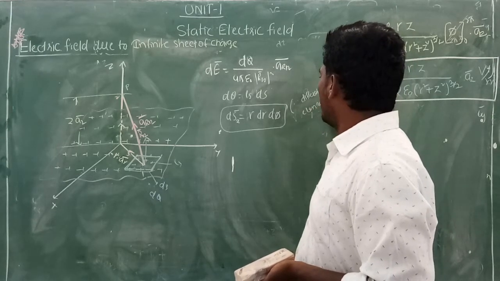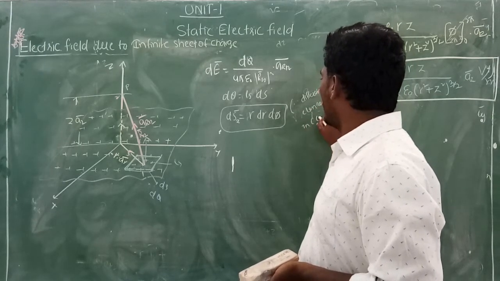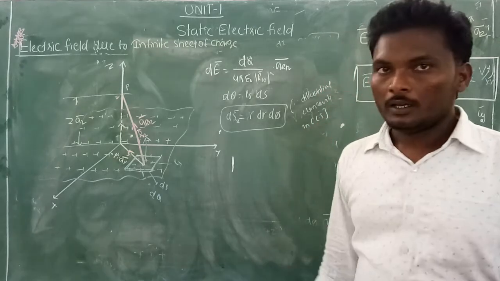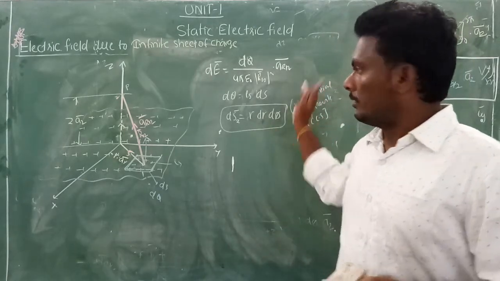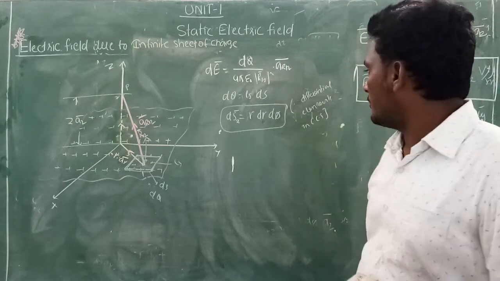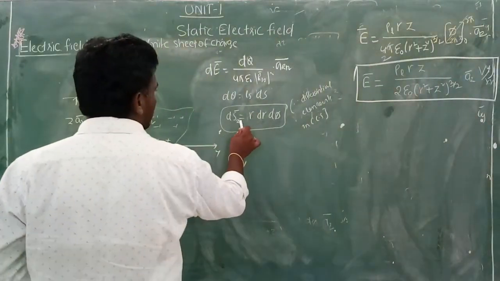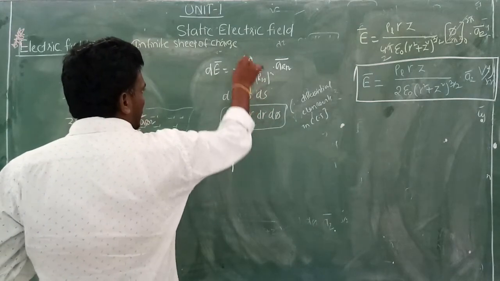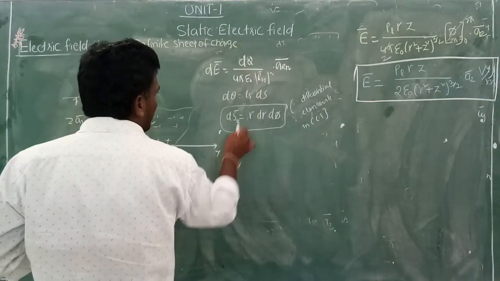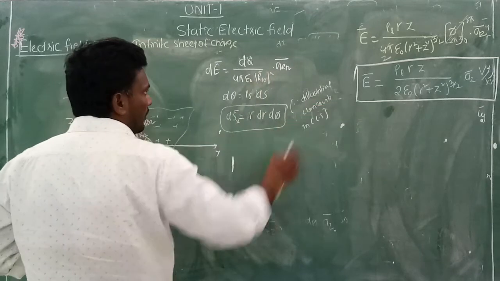You get this relation in the differential elements of the cylindrical coordinate system concept. Now just substitute this ds here with the entire relation.